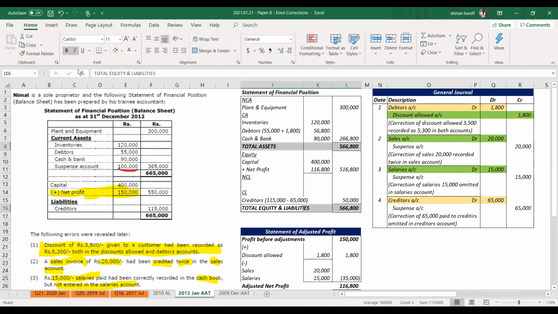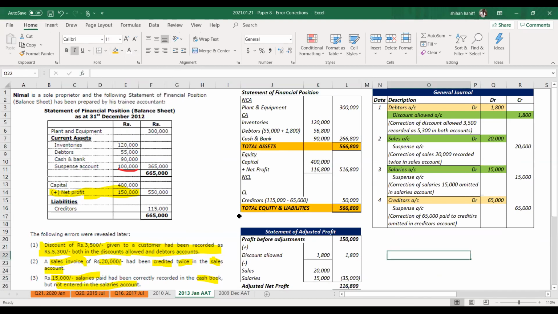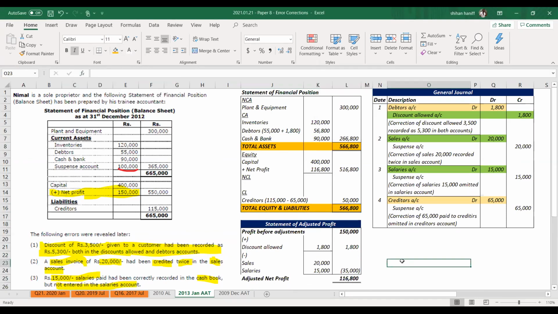Total equity and liabilities 566,800. So it is very important to understand the adjusted profit, the statement of adjusted profit, and how the income and expenses affect income. So complete this and ask me any questions if you have.